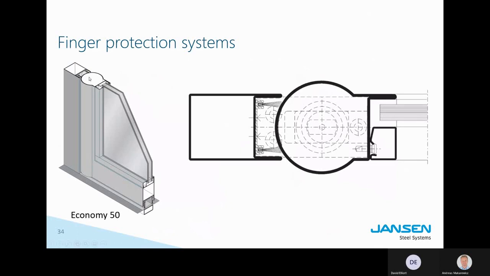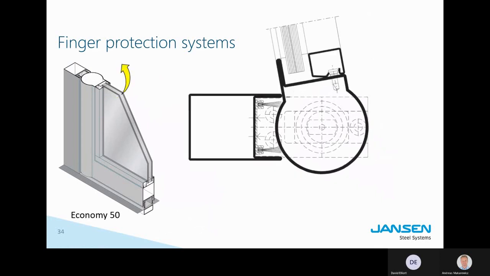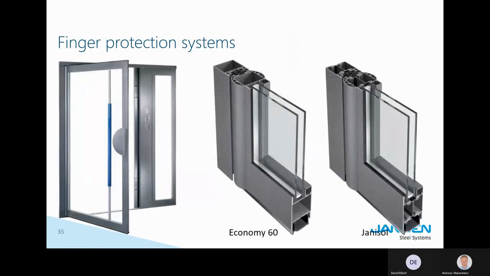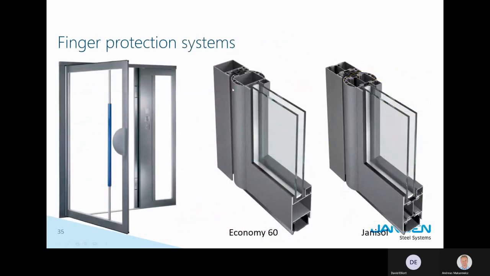Here, instead of hinges, you would use pivot bearings on top and on the bottom. This is actually good for several systems, the insulated system as well as the non-insulated systems. And we also have a fabric protection. It is not shown on this slide, but there is a second system that you can use to protect fingers.